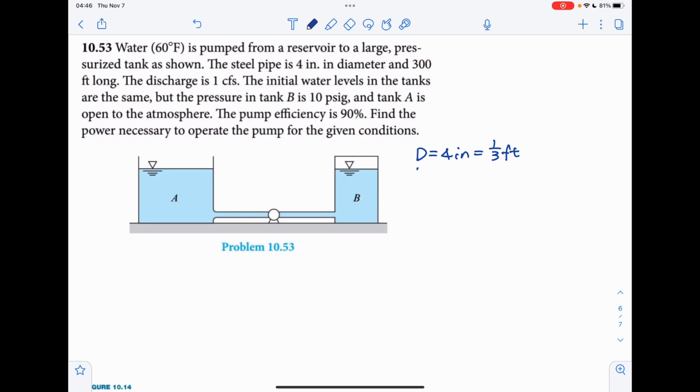The length of the pipe is 300 feet. The discharge is 1 cubic feet per second.